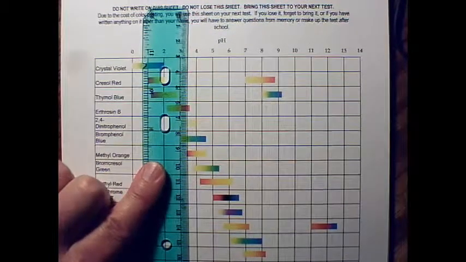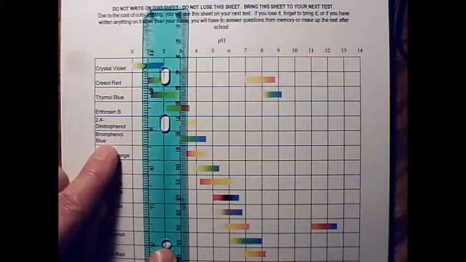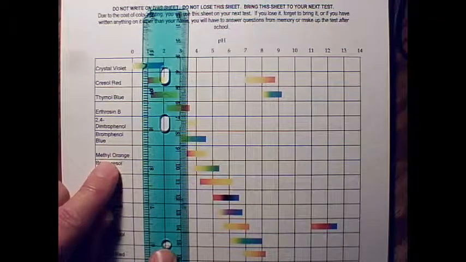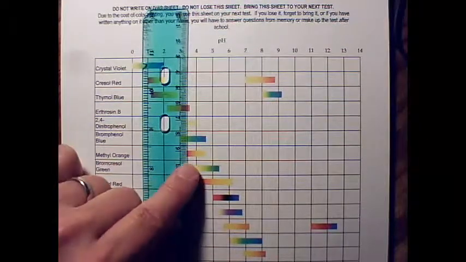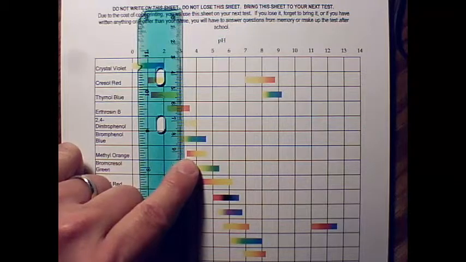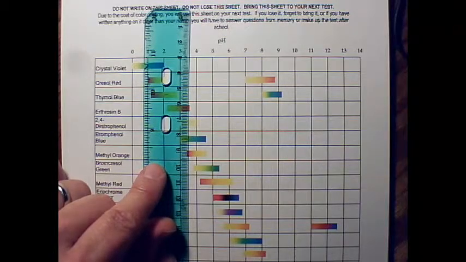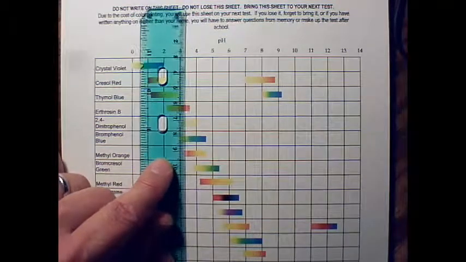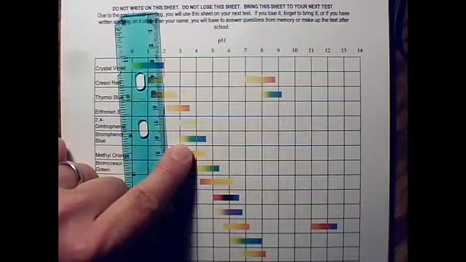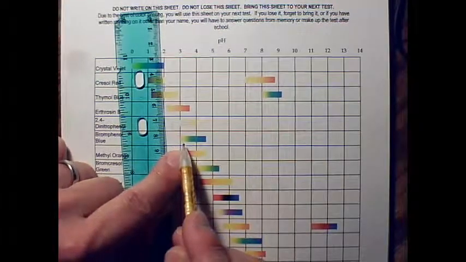Looking at this, I can see I might choose bromphenol blue, or I might choose methyl orange, because methyl orange is just barely beginning to turn a yellower color at that point. And bromphenol blue, while it's changing color there, has kind of gone past where it started to change color down here.